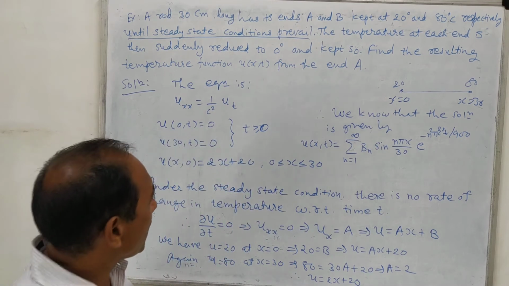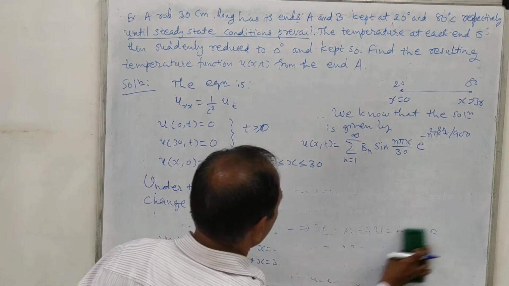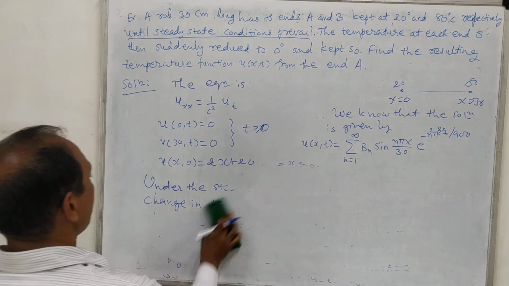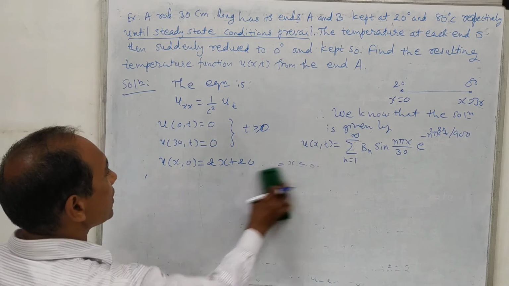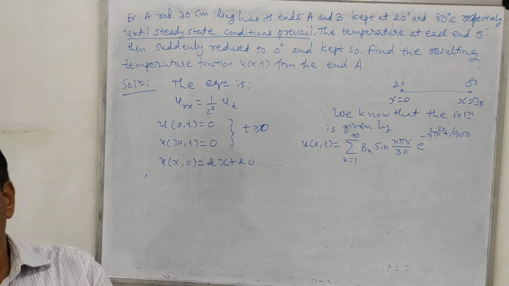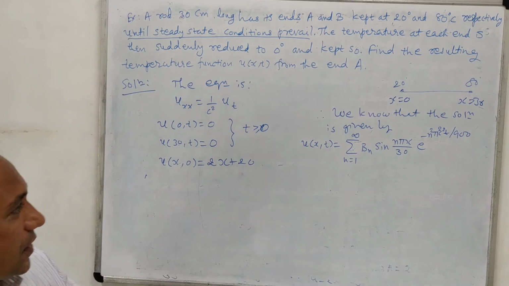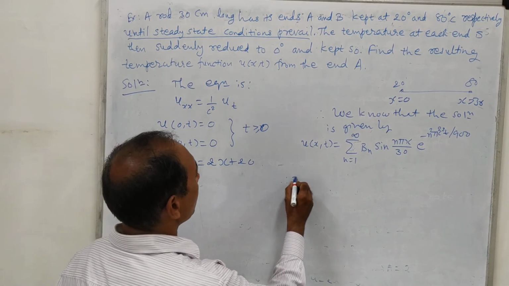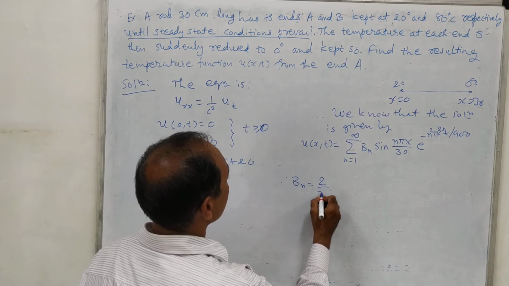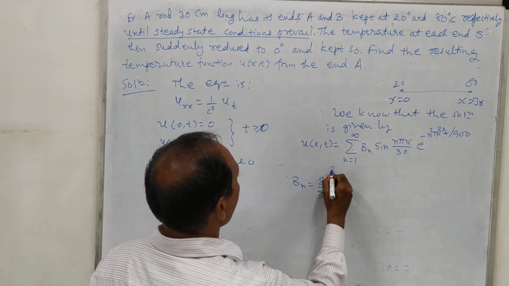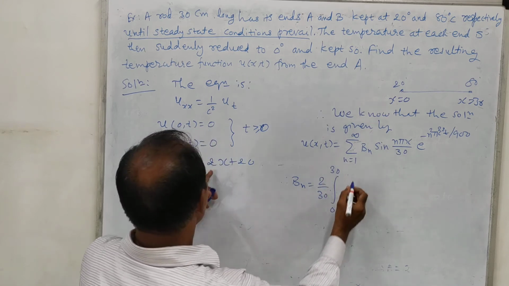Now we only need to find bn. It is a question of 7 marks, and there is no big calculation, it only requires understanding. So bn equal to 2 upon L, that is 30, integral from 0 to 30 of f(x) into sine, and f(x) is what?